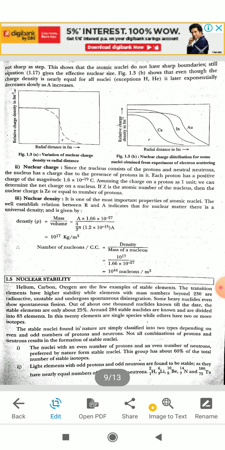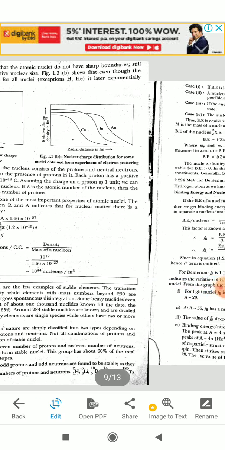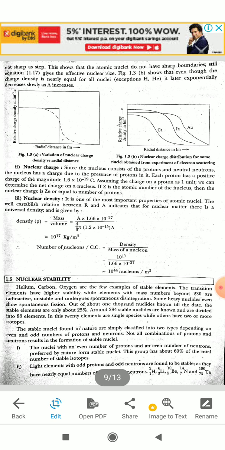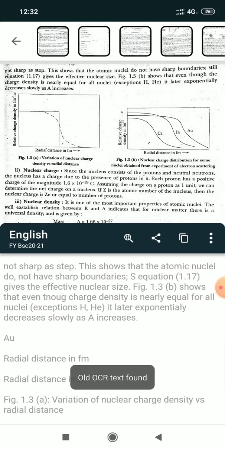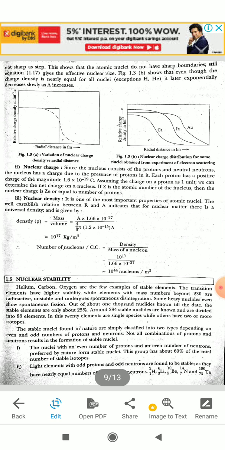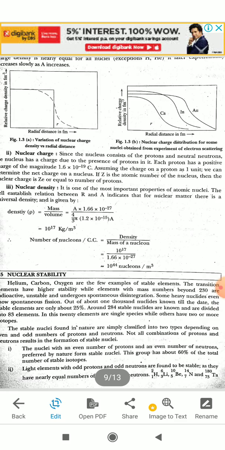Another case is some light elements with an odd number of protons and an odd number of neutrons, which are found to be stable as they have nearly equal numbers of protons and neutrons. The examples are deuterium, one proton and one neutron, and the second one is lithium, 3 protons and 3 neutrons, beryllium 5 protons and 5 neutrons, and so on.